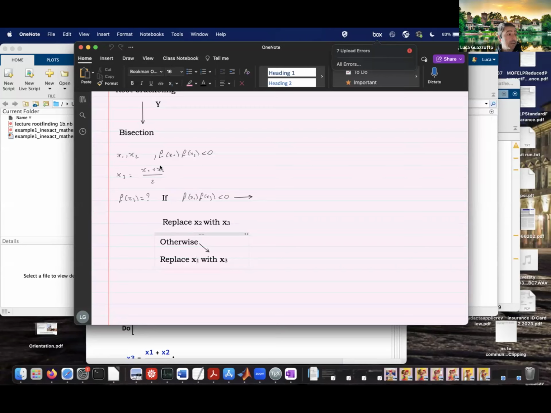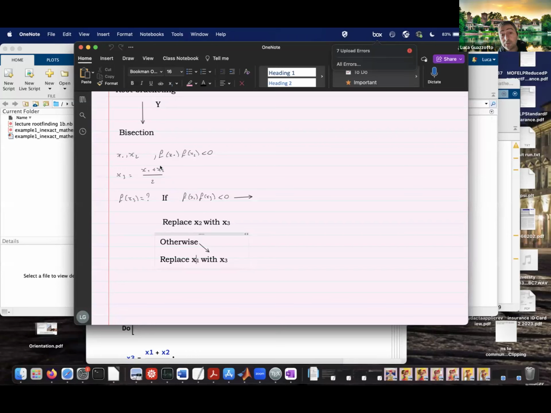In fact, not even a rational number, in general. So I'm going to assume that the root of my function is some real number, and I'm not going to be able to represent it exactly. So I'm never going to find it. But I'm going to be able to get as close as I like within the capability of my code.